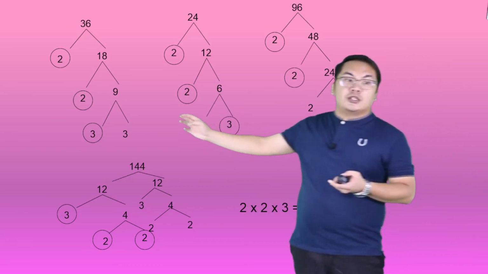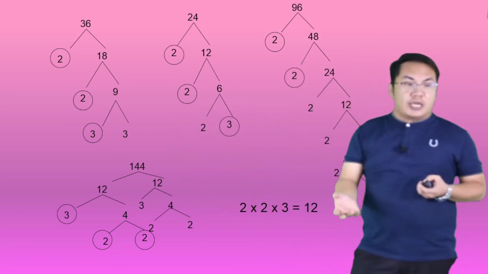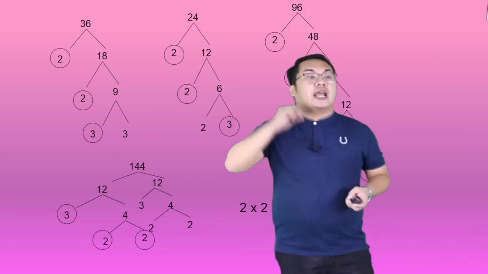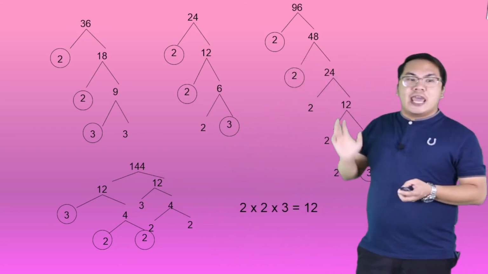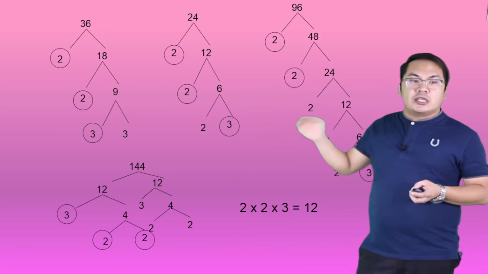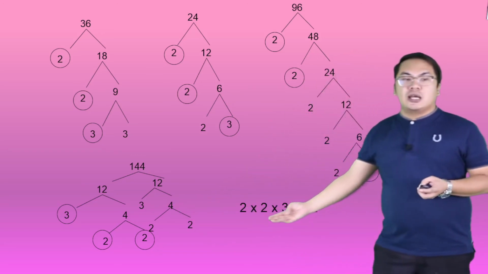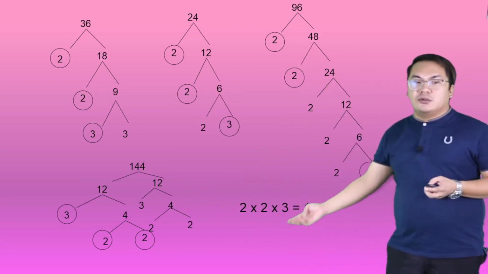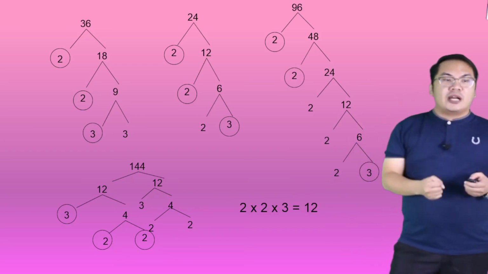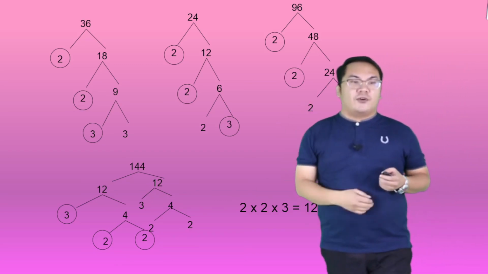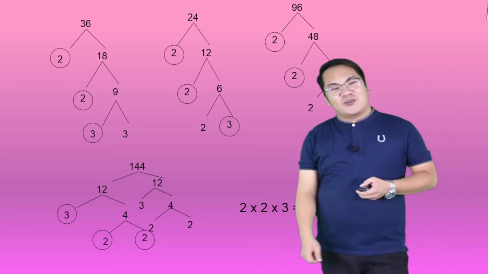You're just going to copy how many 2's or how many prime factors they have in common all together. Then multiply them all together, and that is the answer. In this figure, they have two 2's and one 3. If you multiply 2 times 2 times 3, it equals 12. So the greatest common factor of 36, 24, 96, and 144 is 12. Did you get it?